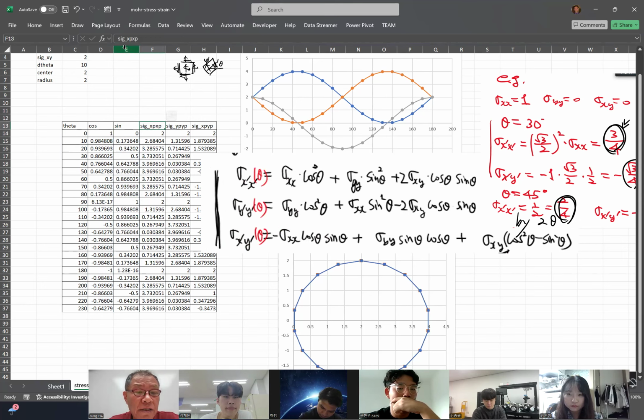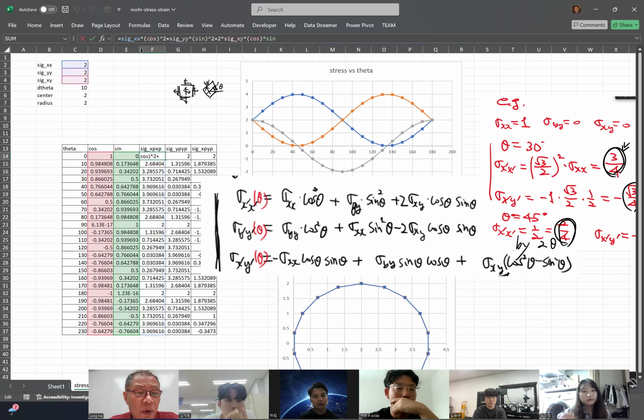Now sigma x prime, again, is like that: sigma x cosine square, and then sigma y sine square, and sigma xy cosine sine. Here the cosine and sine we just define like that, and the original sigma x, sigma y, and sigma xy we define here.